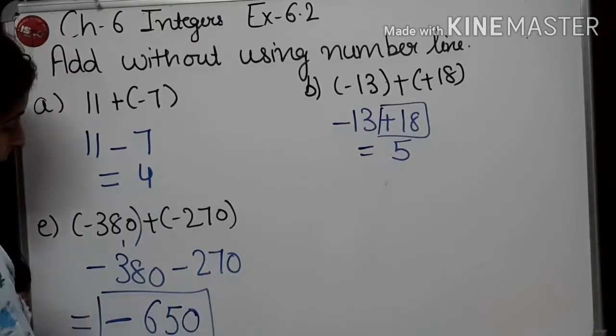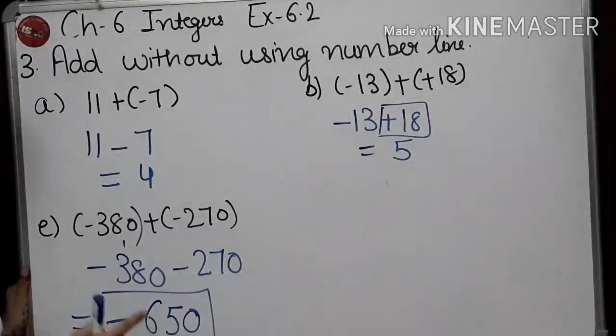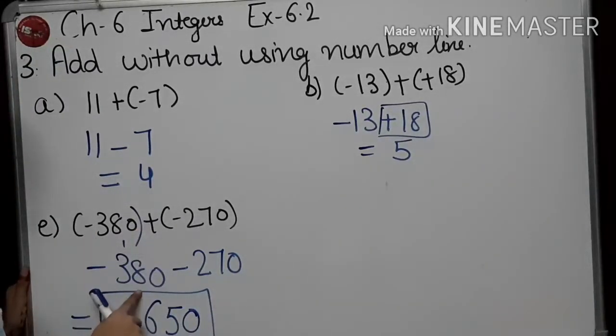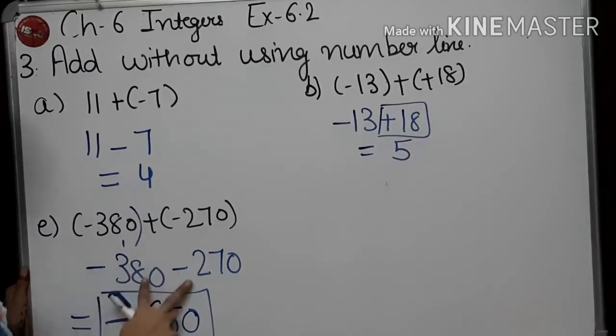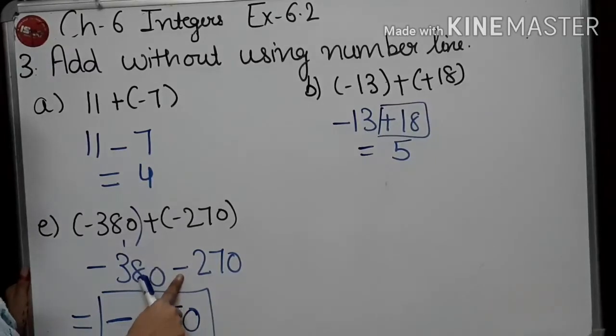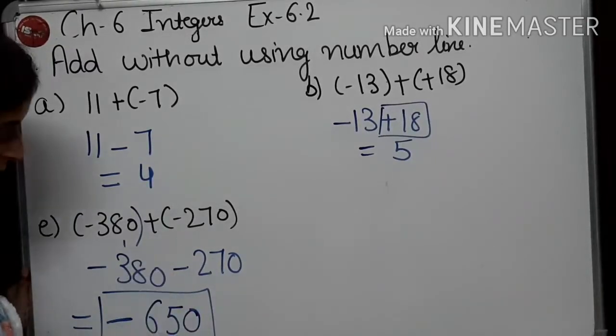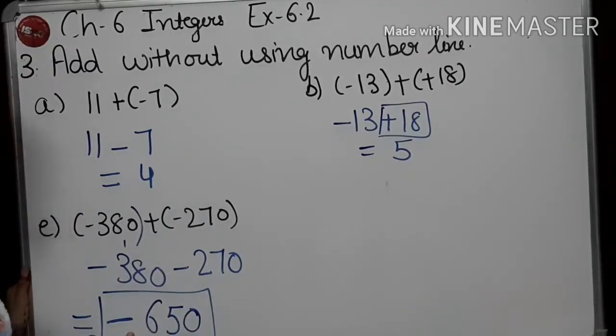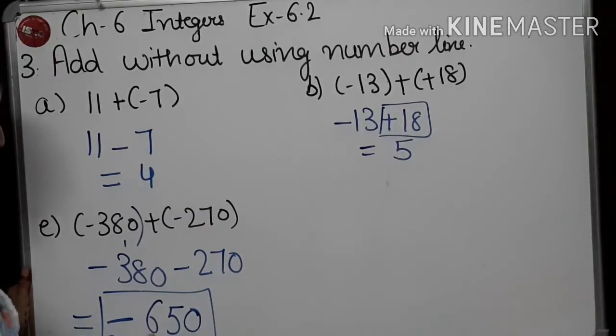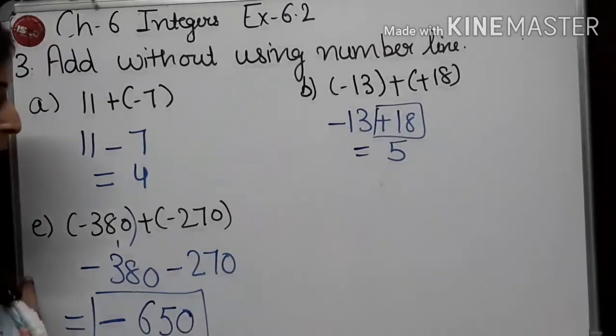So -650 is our answer. What we have done, this sign will remain same, plus minus will be minus. Now we have got two negative signs, one minus and one minus. So minus minus will be plus. We will do addition, but the sign will be of negative. So negative 650 is our answer.